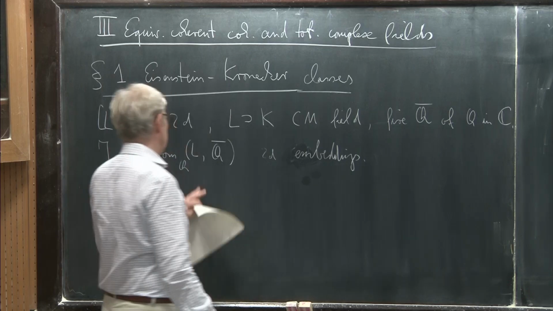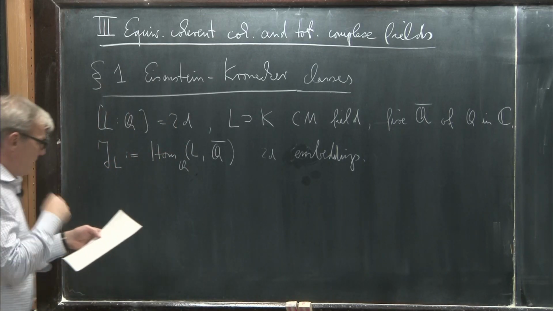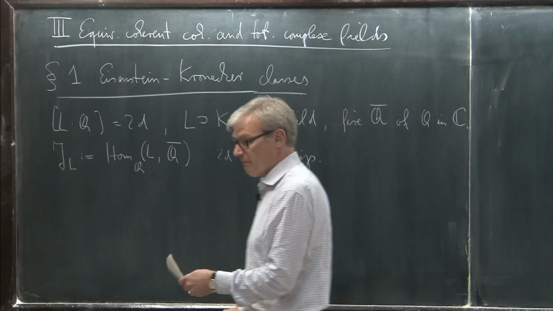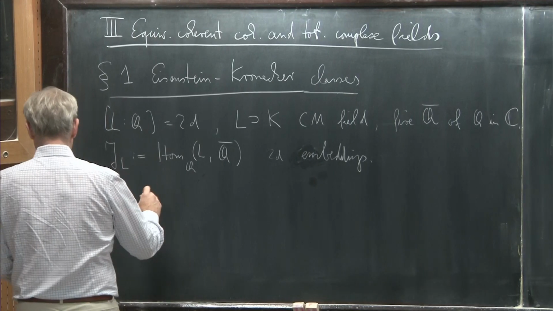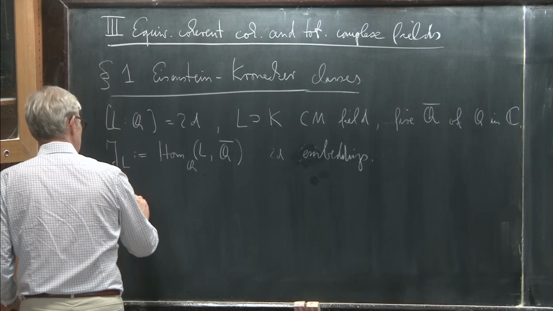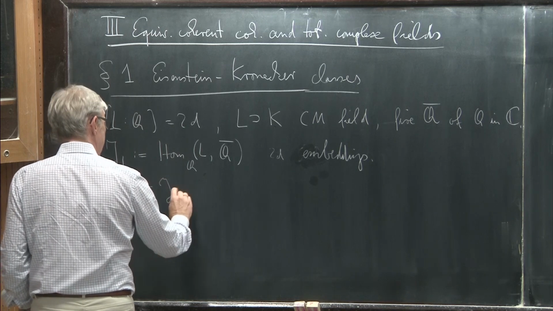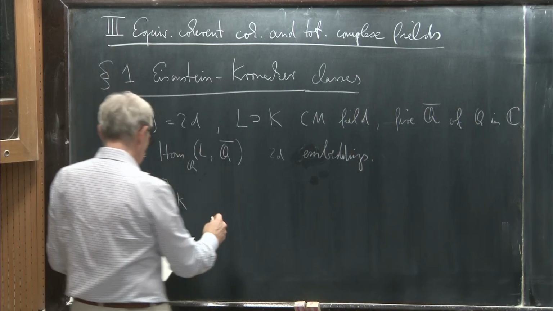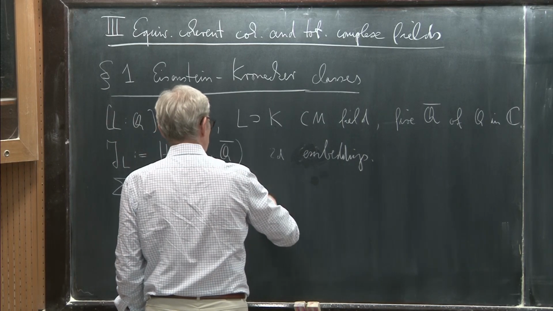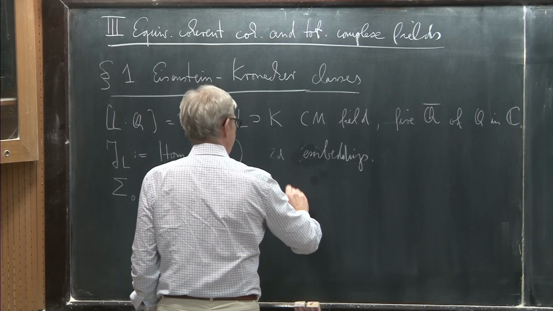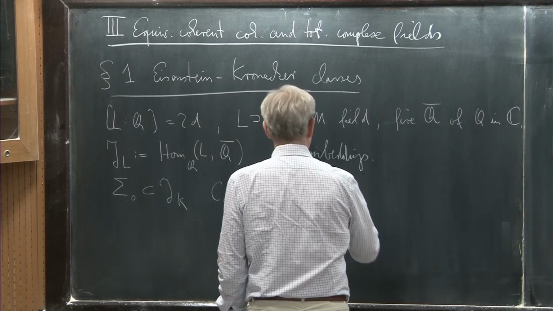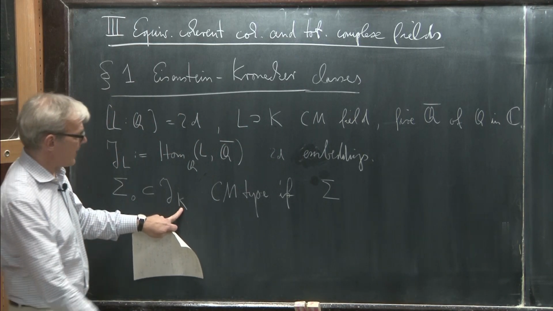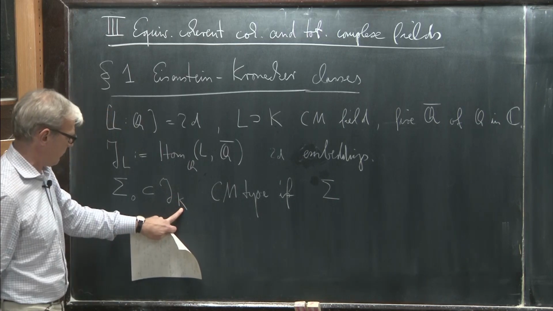And for this theory, it's quite important that you label them in a good way. And for this, you need the notion of a CM type. So we call a subset sigma 0 of JK a CM type, where K is the CM field sitting inside L. This field has a unique complex conjugation because it's a quadratic extension of the totally real field.